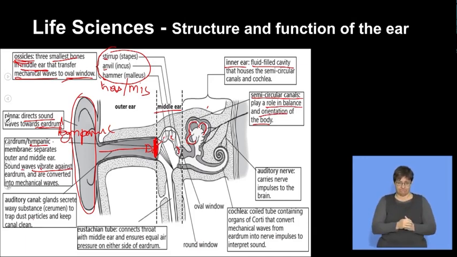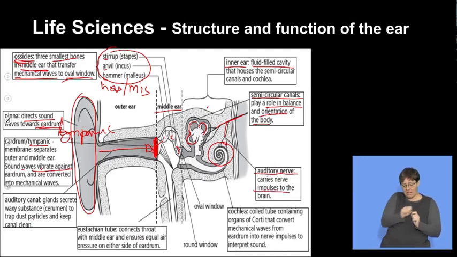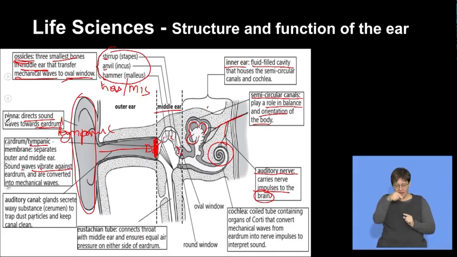Then we've got this snail-like structure here at the bottom. Before we go to it, we've got the nerve that goes to the brain, which we refer to as the auditory nerve, that carries the impulse to the brain. Then below the ossicles we've got the oval window.